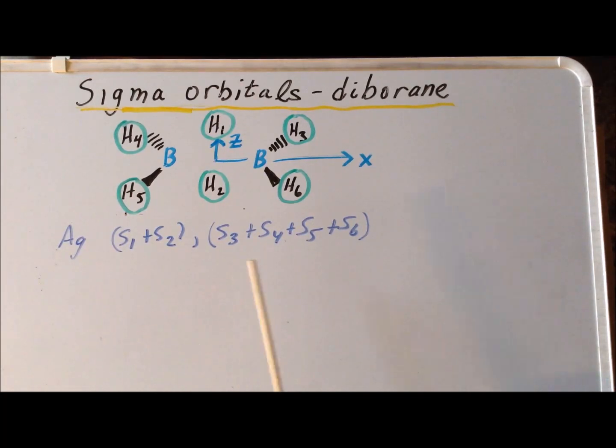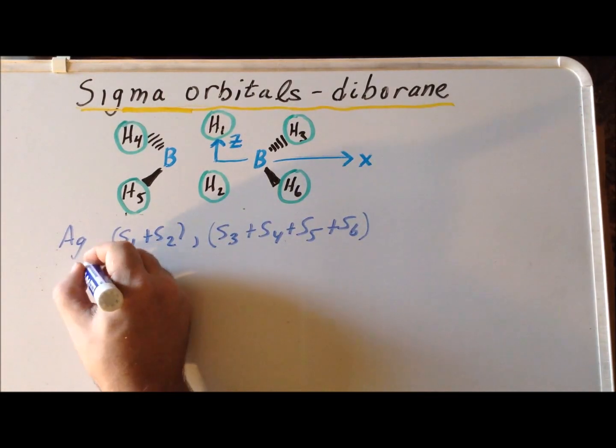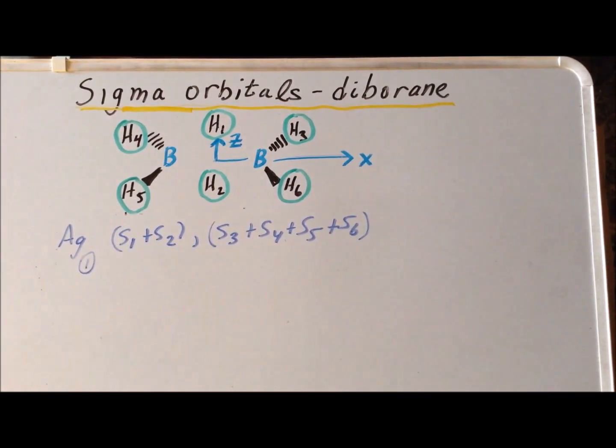So now we notice, we have these two orbitals have the same phase relationship, and these 4 all have the same phase relationship. What we don't know is how the phase relationship of this one corresponds to that one. And it turns out that there's 2 ways that we can do this. So let's show that mathematically, and then we'll see what it looks like graphically.